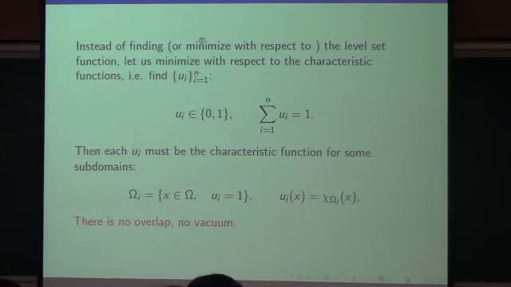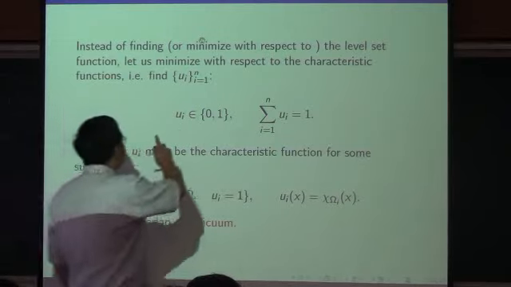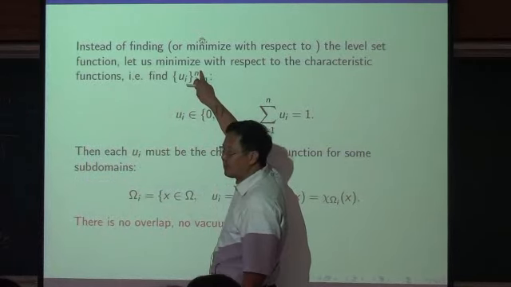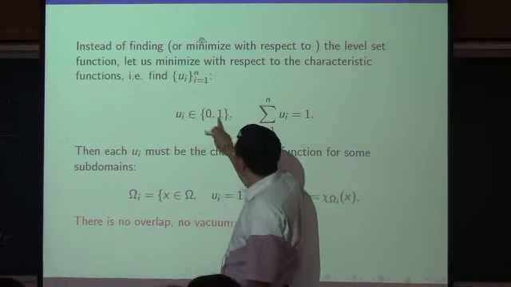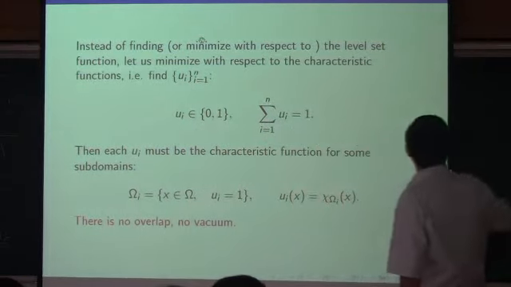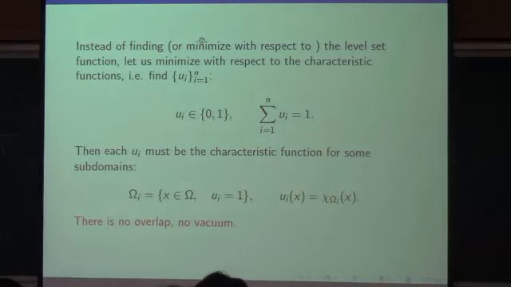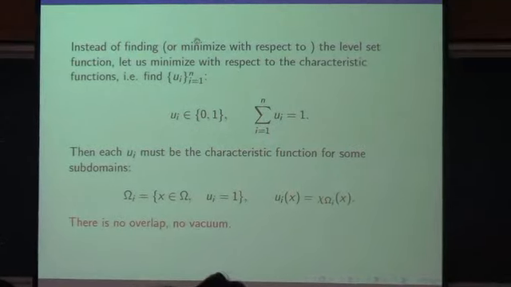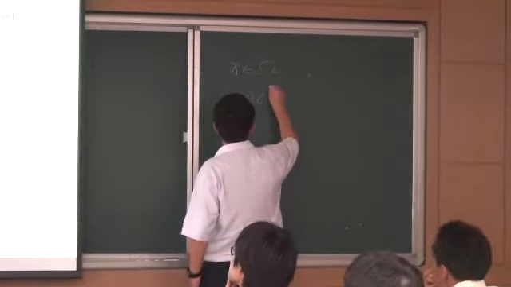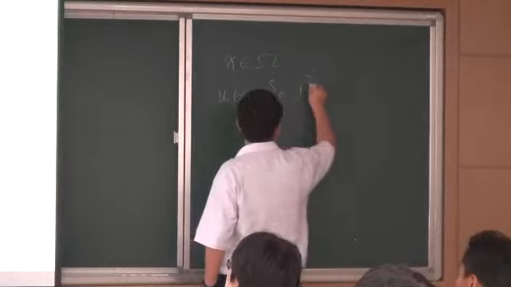But here, instead of identifying the labels, you can directly identify the characteristic functions. Assuming I have n functions, each function can only take 0 or 1 at every point x in this region omega.